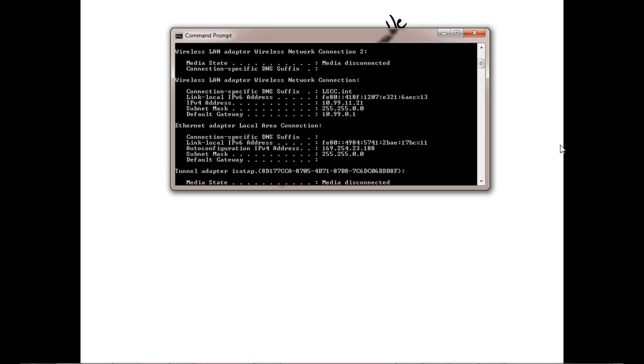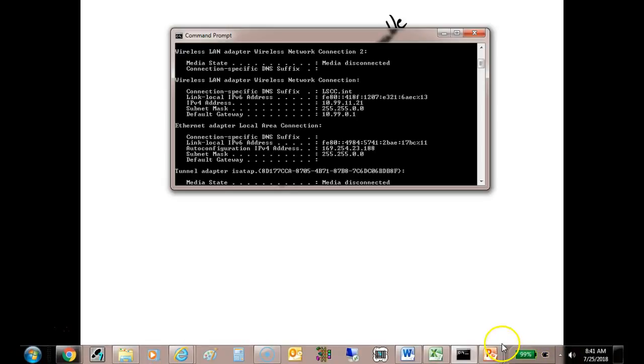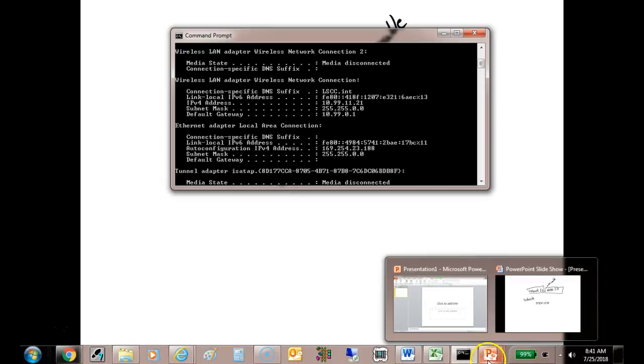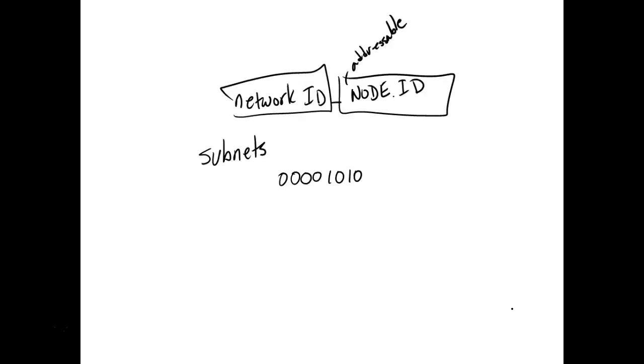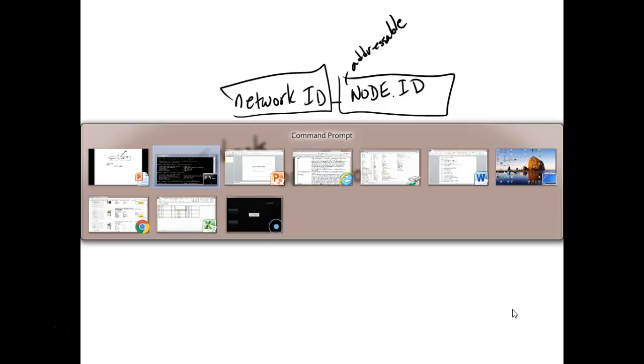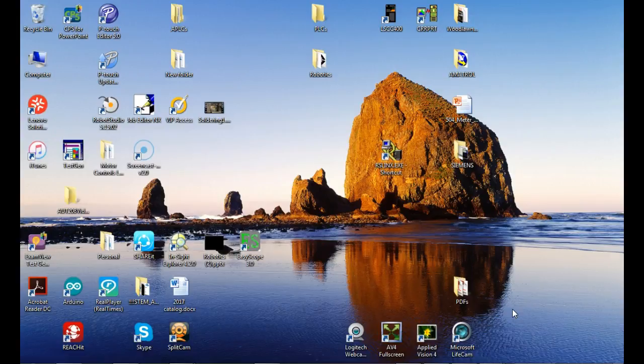So somebody write 10.99.11.21. So this would be 10, and then 99. Let me do it on my calculator. When I teach digital, I can do a bunch of these in my head, but it's been a long time since I taught digital.